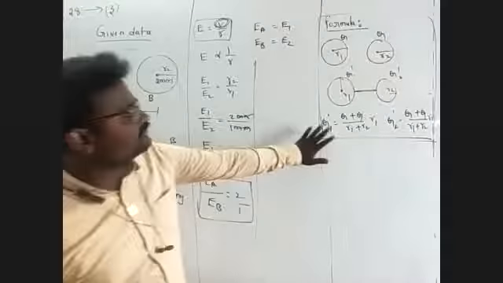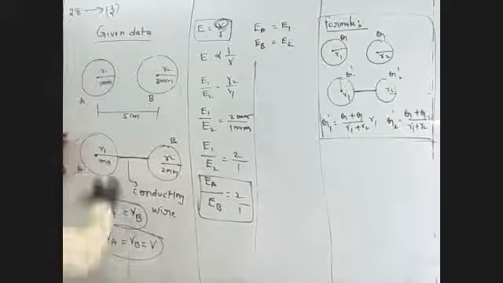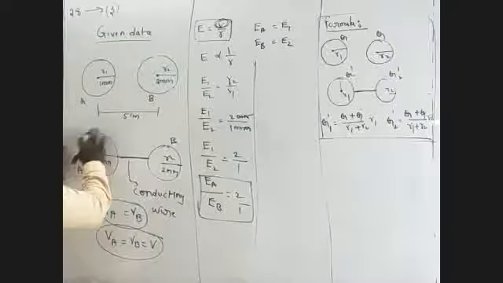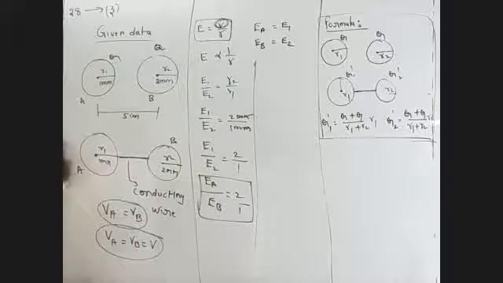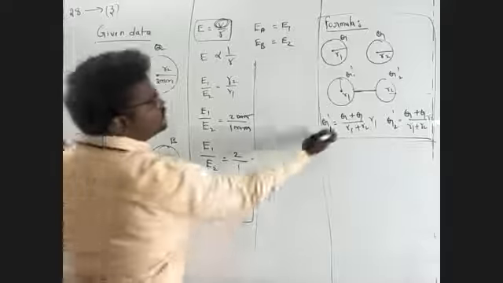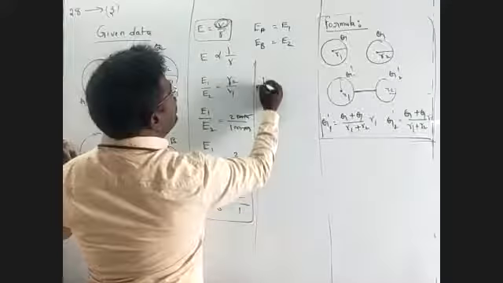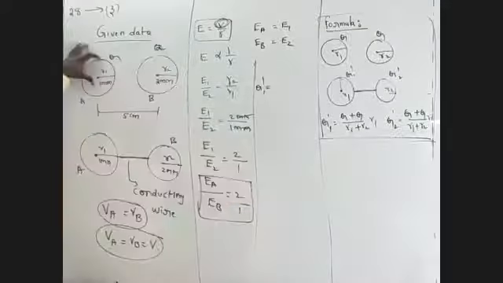Here, what is the formula we have? This is Q1 dash. The formula is Q plus Q, this is Q1, Q2.